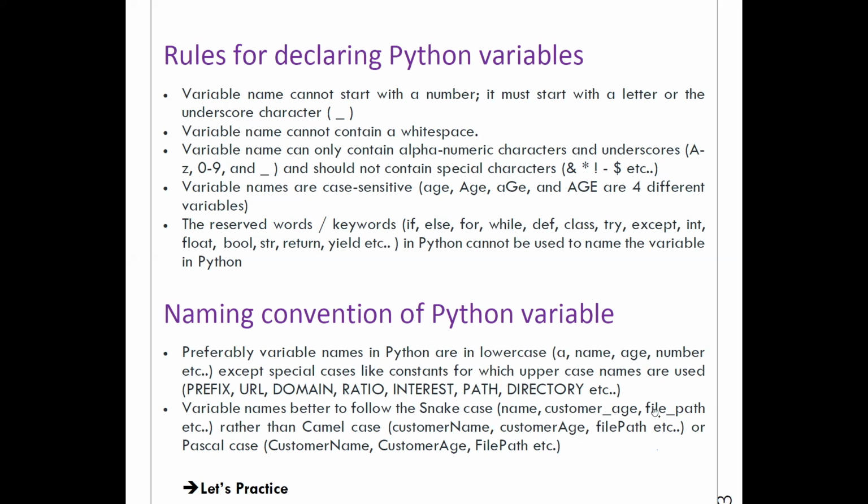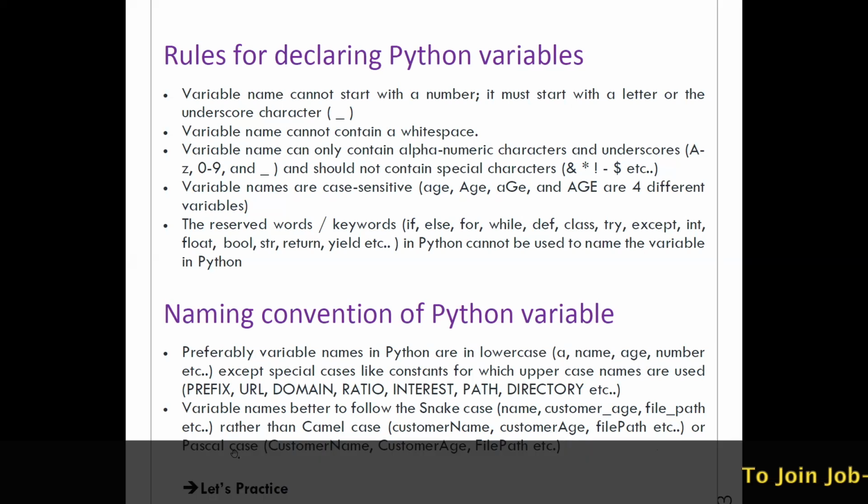This is called snake case, rather than camel case. In a couple of programming languages, they suggest to use camel case, where the first word will be lowercase, and the rest of the next words will be uppercase, like customerName, customerAge, filePath. So first word is lowercase, second word is uppercase.